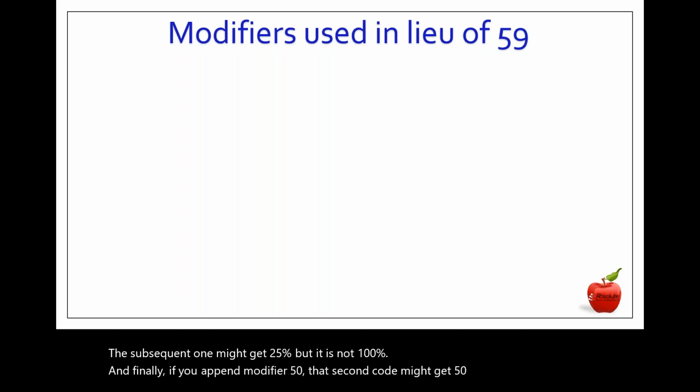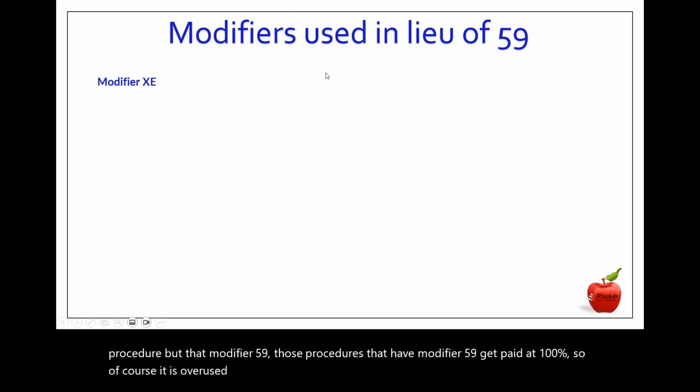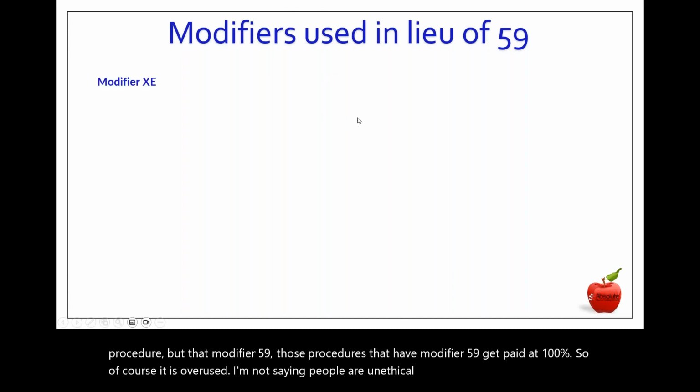But procedures that have modifier 59 get paid at 100%. So of course, it is overused. I'm not saying people are unethical. They just may forget.